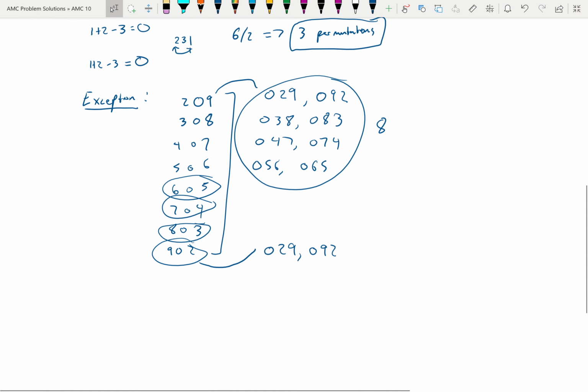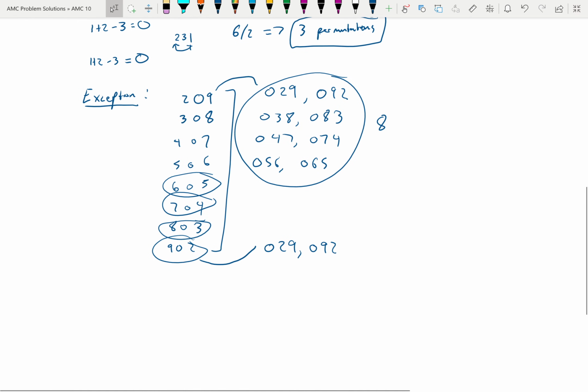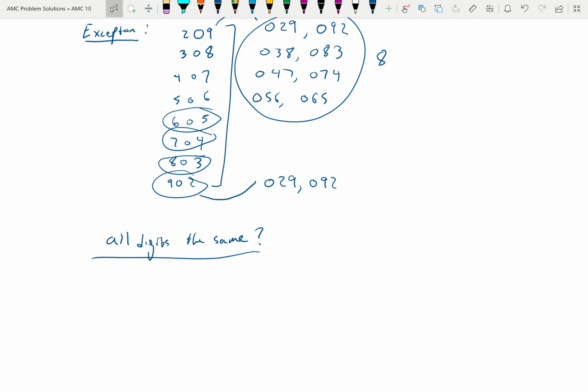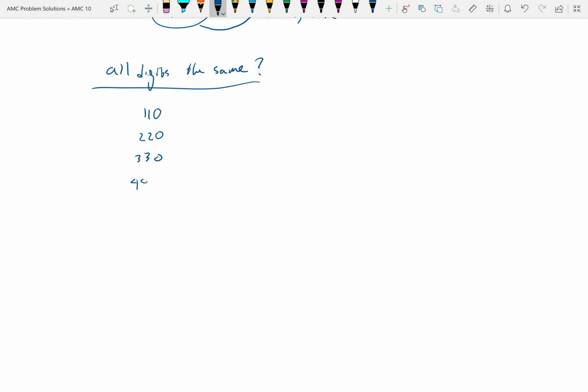And next we consider, what about the case where all the digits are the same? Well, if we think about multiples of 11, I know 110, 220, 330, 440, 550, 660, 770, 880, and 990.